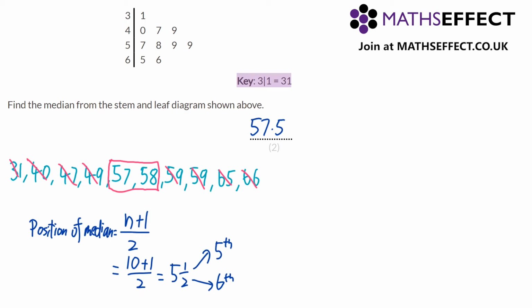So 1, 2, 3, 4, 5, and we also need the 6th. Okay, so the median is halfway between the 57 and 58, which also gives us the answer of 57.5.